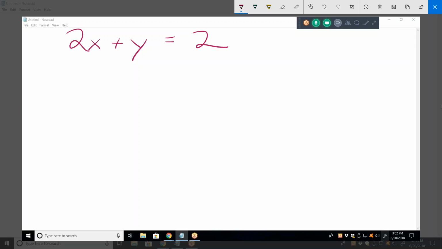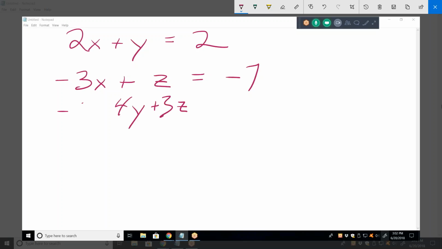Then it's negative 3x plus z equals negative 7. Then it's negative 4y plus 3z equals 22.